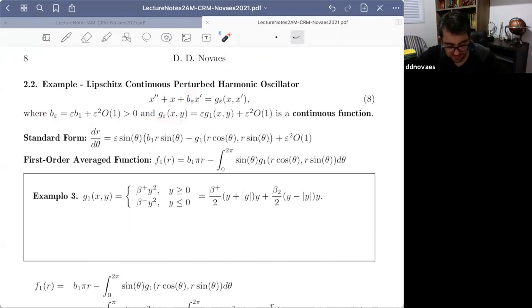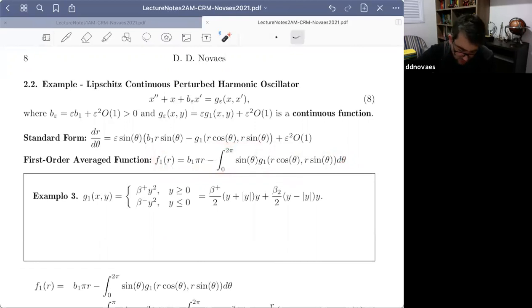Performing the first step, which consists in transforming the system into this periodic non-autonomous system, we can now compute the first order average function. It's just substituting. This is a general formula for the first order average function.